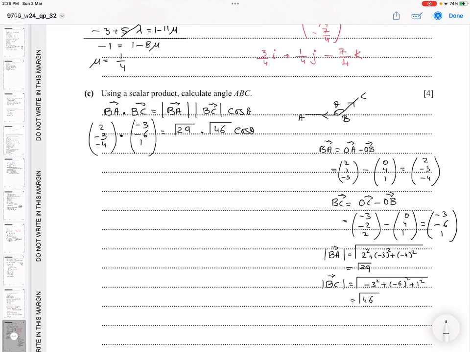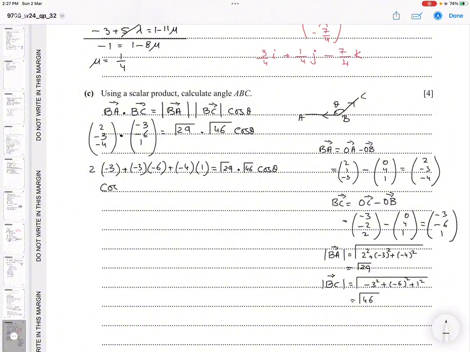Now multiply the first 2 into minus 3, 2 into minus 3 plus minus 3 into minus 6 plus minus 4 into 1 equals root 29 times root 46 cos of theta.